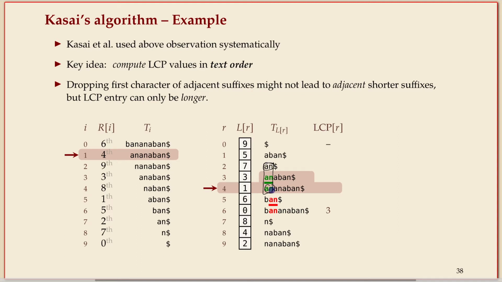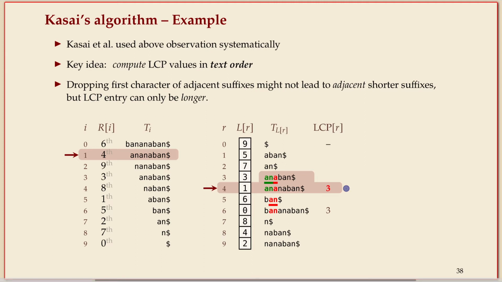So we inherited this longest common prefix of AN. We don't have to check it again. That's why it's shown green. We know that 2 first characters must be equal. And we just compare with the ones afterwards. In this case, the A matches, but then we have a mismatch. So we have another entry of 3.